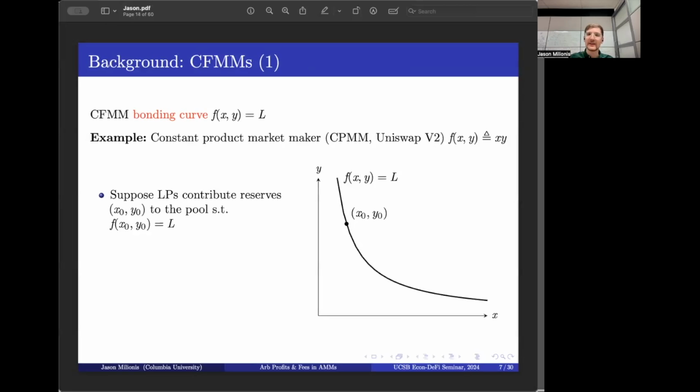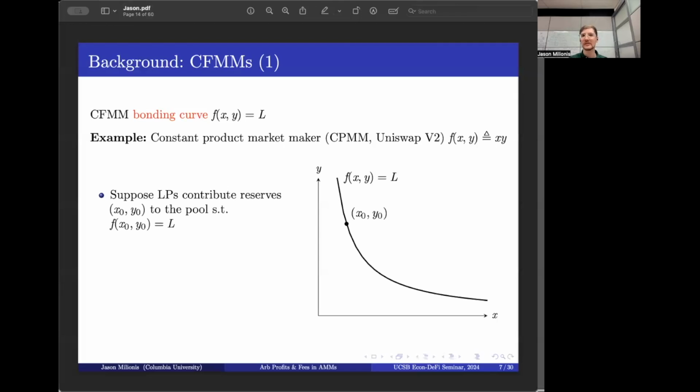So now you have this function graphed as the reserves that are contained in the two pools of the asset. And let's suppose that you are at some initial state where you see that the pool has x0 Ethereum and y0 US dollars. That corresponds to a particular point in this curve.